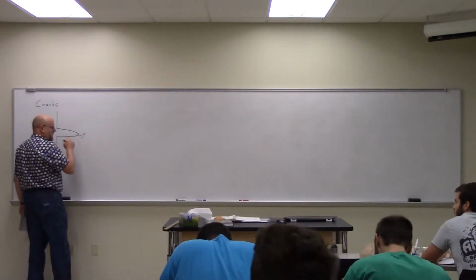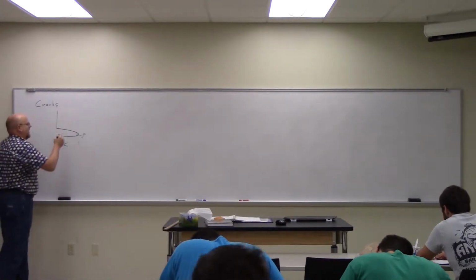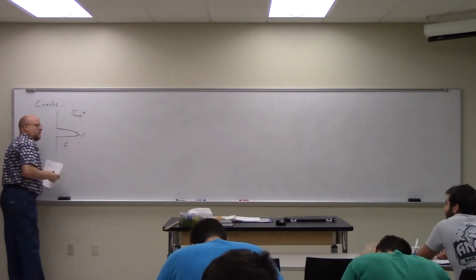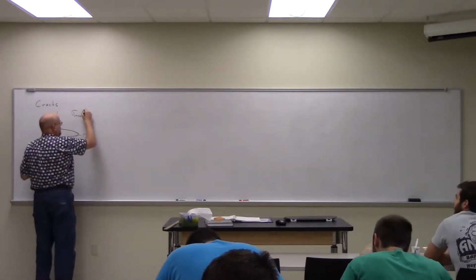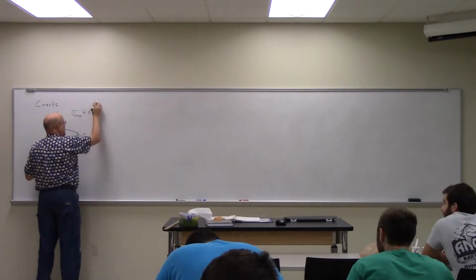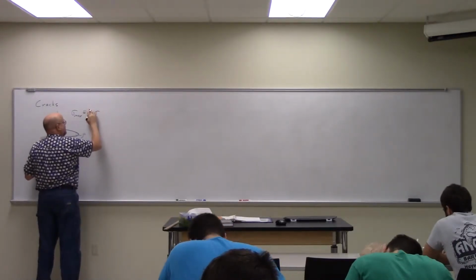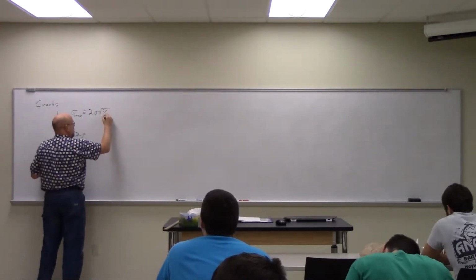Okay. Anyway, that's the crack tip radius of curvature down there. And I said that the maximum stress experienced in the chunk of material was approximately equal to 2 times the applied stress times the square root of C over rho.